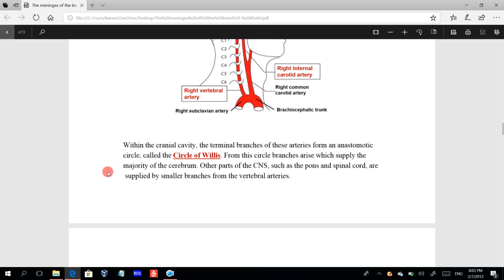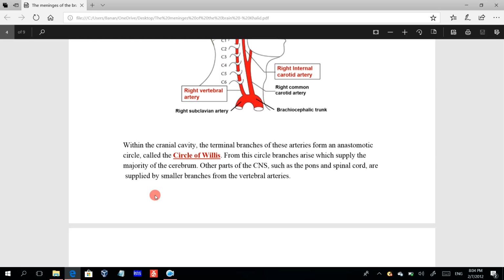These vessels, the two vertebral arteries and the two internal carotid arteries, will enter the skull, and within the skull they will give many branches, and the terminal branches of these arteries will form an anastomosis in the form of a circle, under the brain, under the cerebrum, and the lower part of the brain tissue.